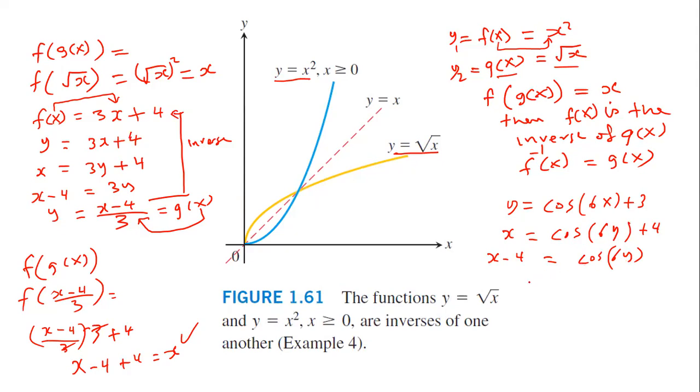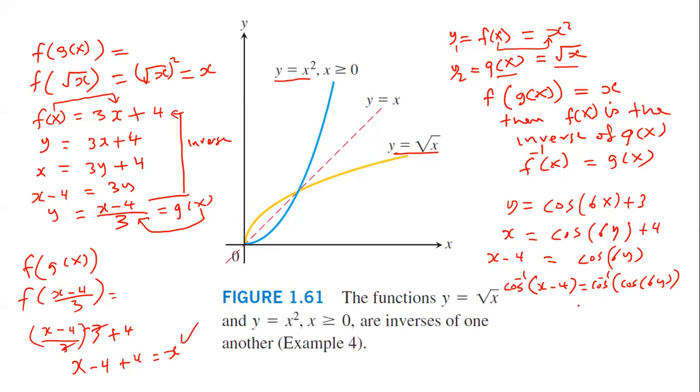So to do that, I'm going to go ahead and put cosine inverse over here. I'm going to take cosine inverse of the left-hand side, x minus 4 equals cosine inverse of cosine of 6y.